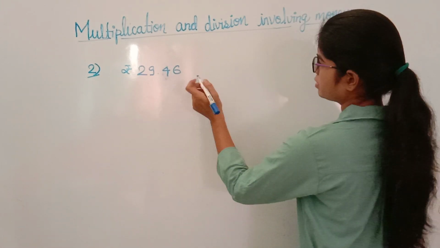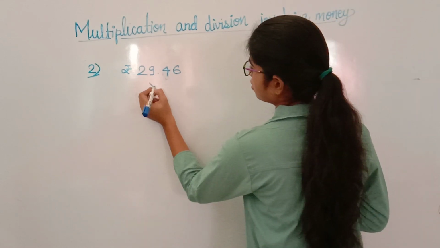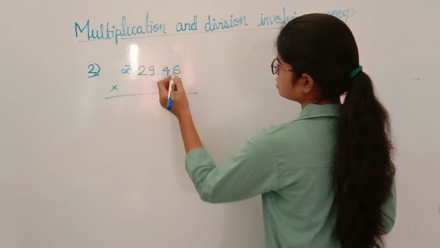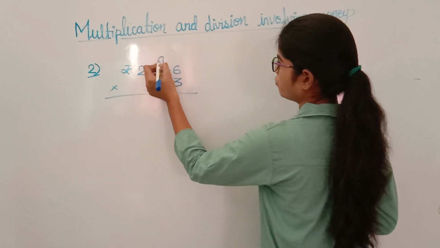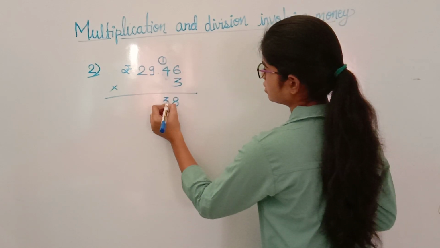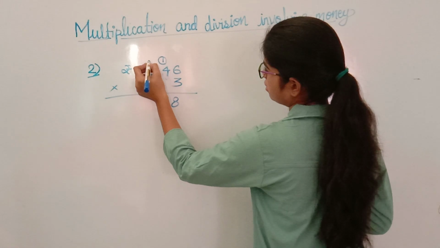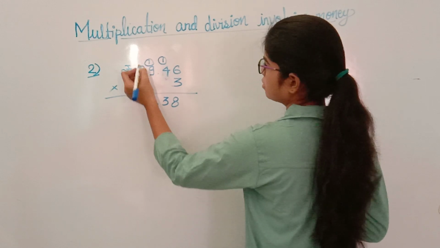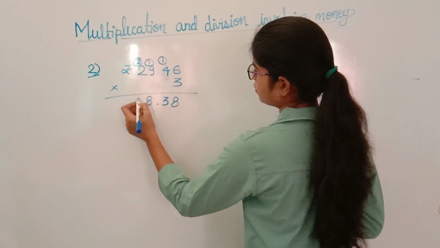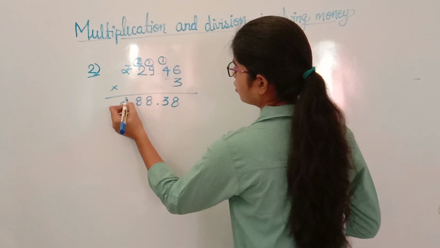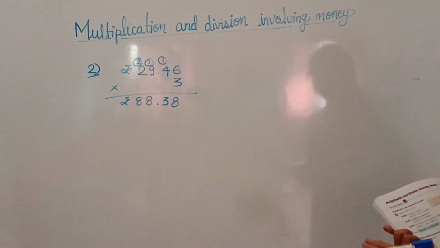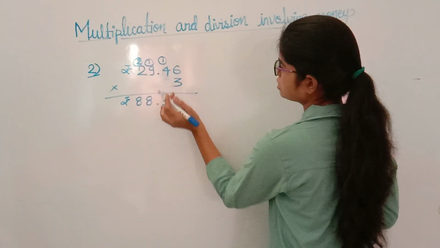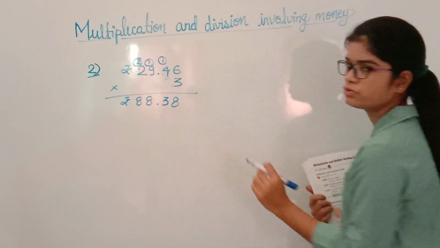We have to multiply these rupees by 3. 3 6s are 18, carry 1. 3 4s are 12 and 1 is 13, carry 1. 3 9s are 27 and 1 is 28, carry 2. And 3 2s are 6 and 2 is 8. So the answer we got is rupees 88.38. The concept of the decimal is: if in the question it is after 2 digits from the right, then in the answer it is also 2 digits from the right.